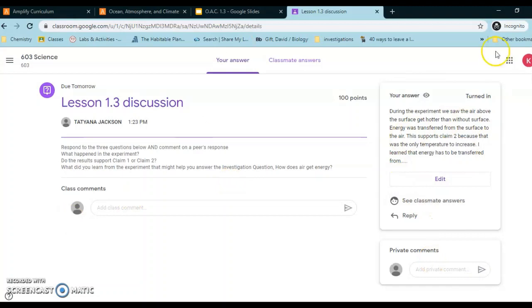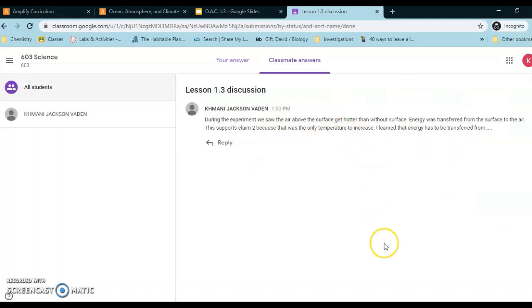So this is what your discussion should look like after you do it. Please remember to turn it in so you can get your points. Notice now it says see classmates' answers. So when you see your classmates' answers, I'm the only one who answered right now, but if somebody else answered, you'd be able to reply to them.